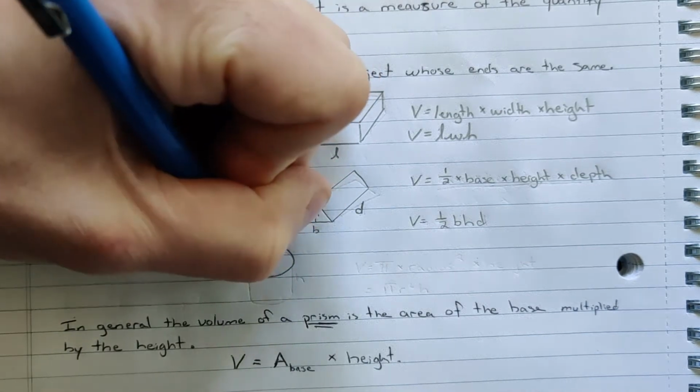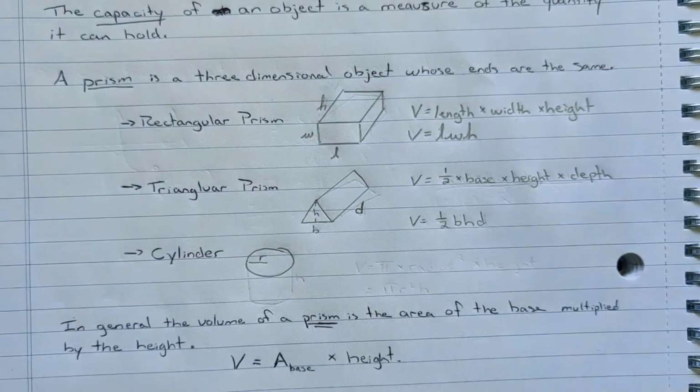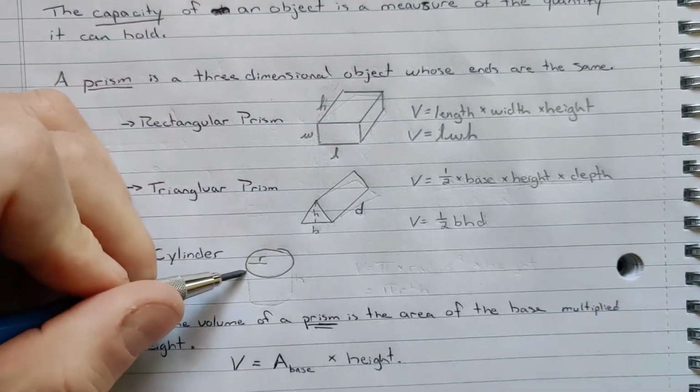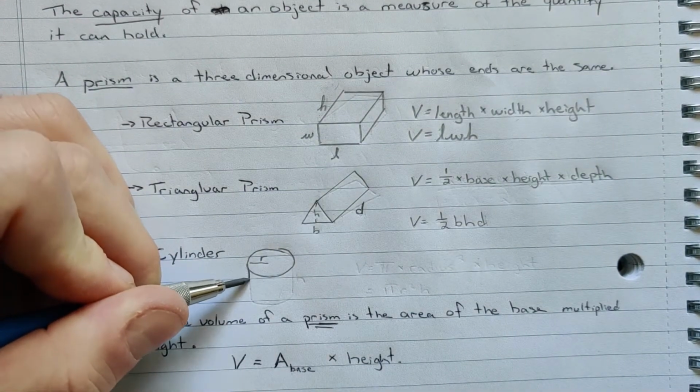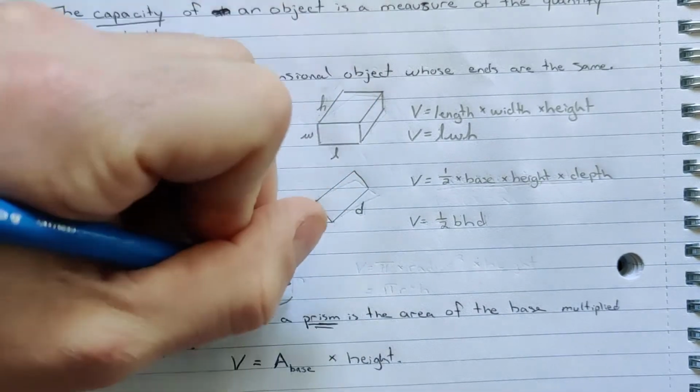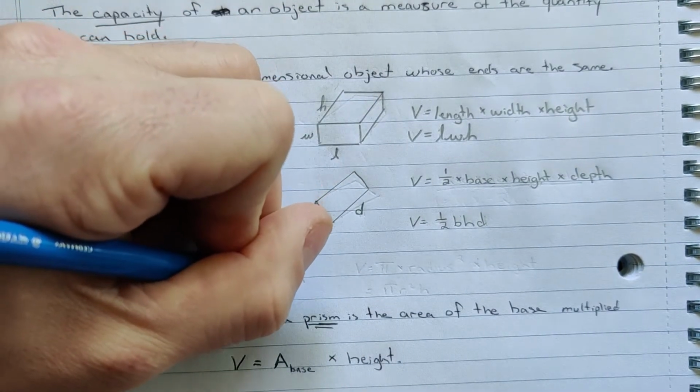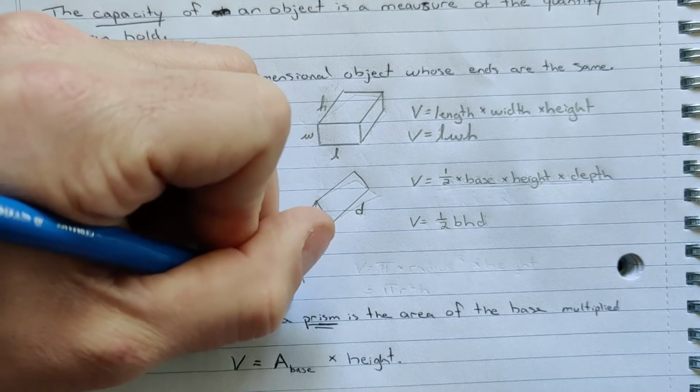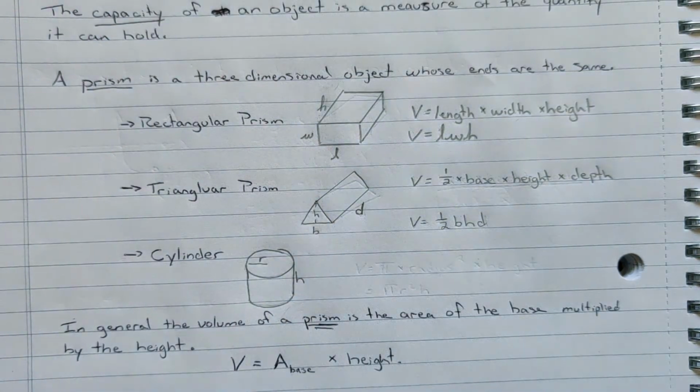So if I have a circle with a radius r, then to make it into a cylinder, and a cylinder is a circular prism, we just call it a cylinder because circles are special.